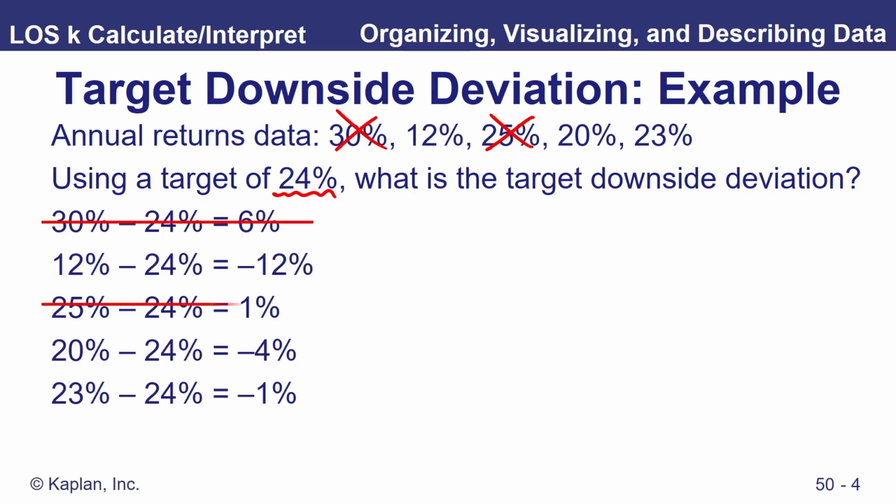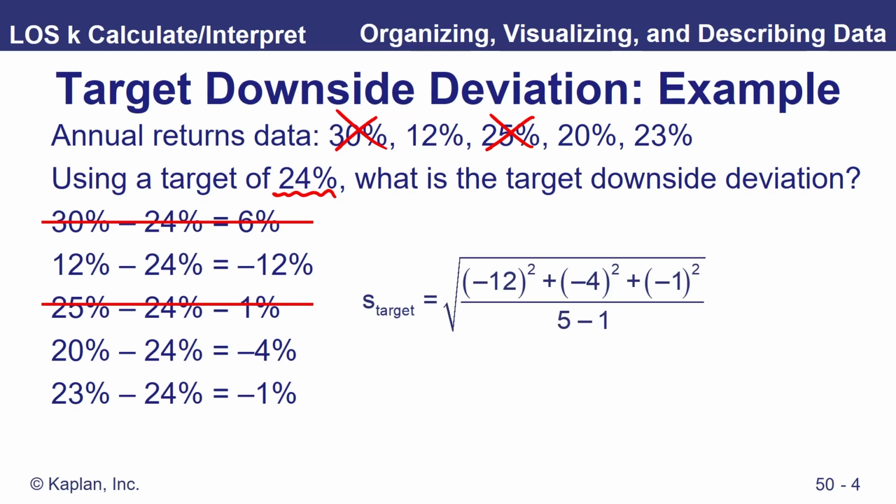We're going to ignore the first one and we're going to ignore 25 because that again is above 24. So when we're looking at our deviations, we're going to look at 12 minus 24, which is minus 12. We're going to look at 20 minus 24, which is minus 4. And we're going to look at 23 minus 24, which is minus 1.